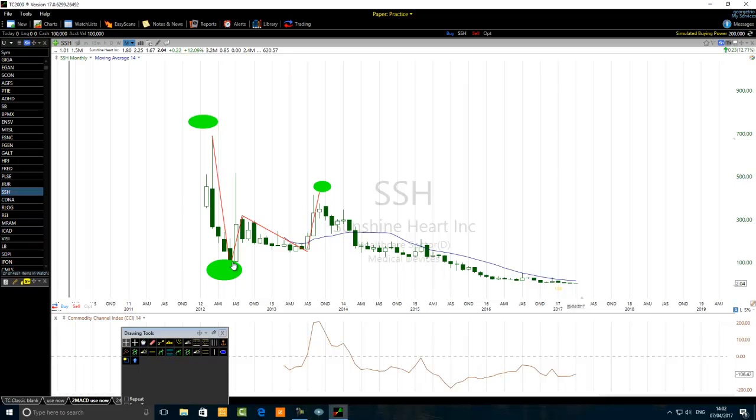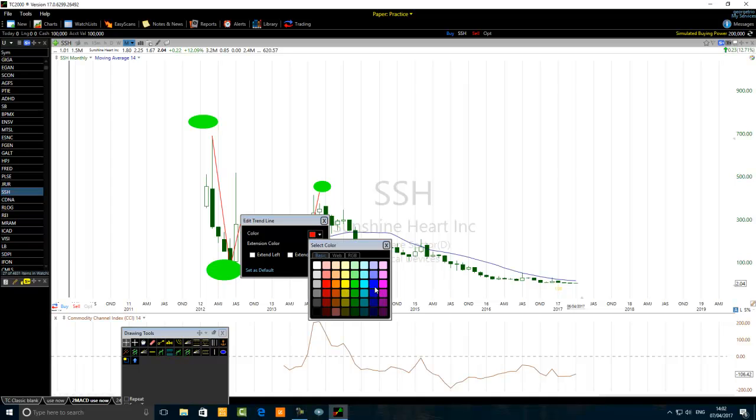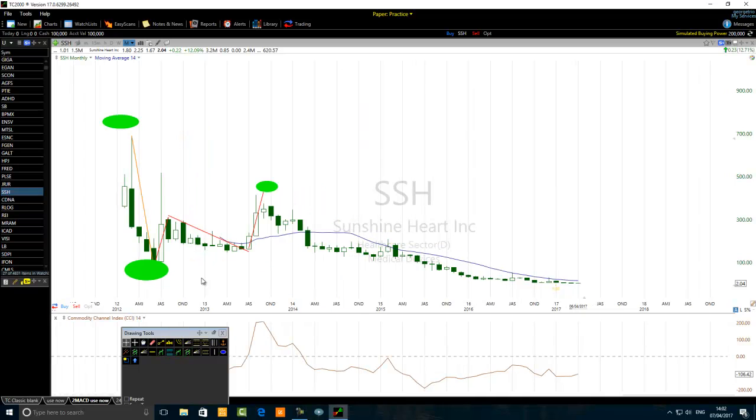So that's the initial move, the first reaction. So put that one in orange. I might zoom into it. So that's the first reaction. They came into the market, price dropped down, went up, and then came down to this point.